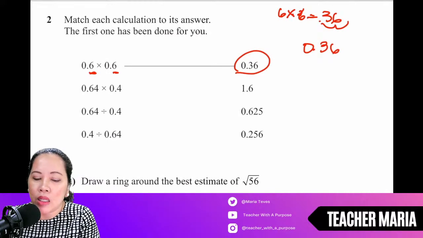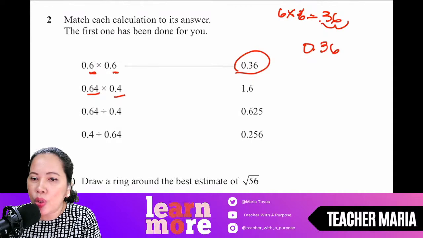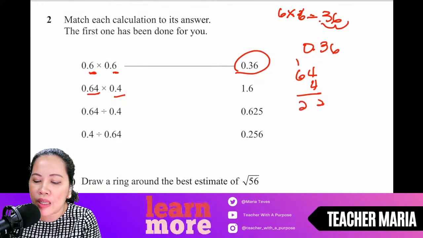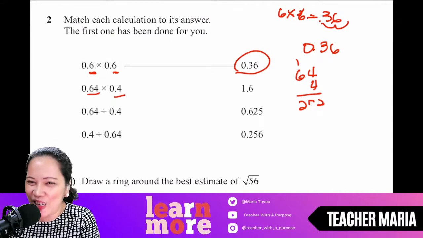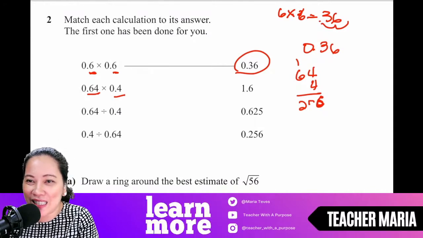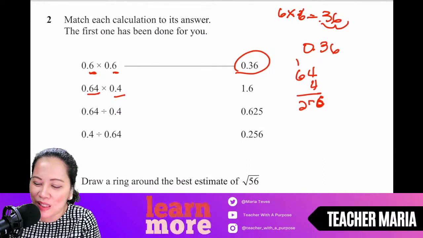Okay, so for this case, you have 0.64 and 0.4. What you need to do is multiply 64 times 4. 4 times 4 is 16. 6 times 4 is 24, plus 1 is 25.